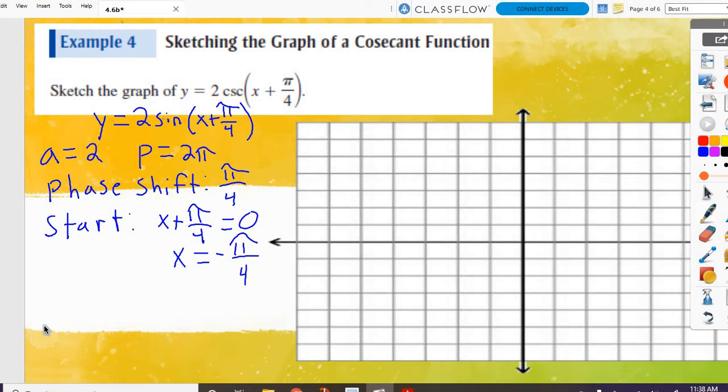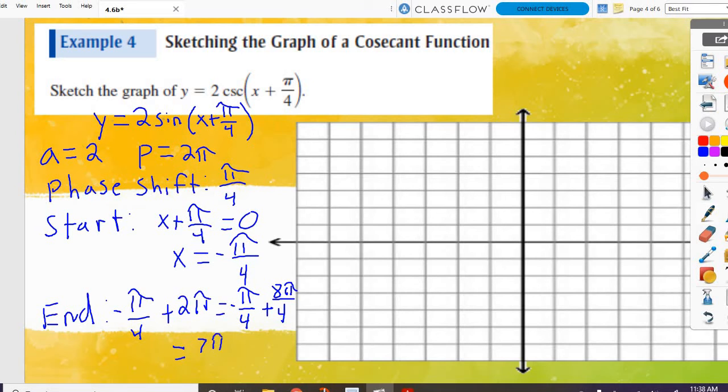Then to find the end, we take our starting position and then just add our period, which in this case was 2 pi. Because we have a fraction, we have to find a common denominator. And we end up with 7 pi over 4.